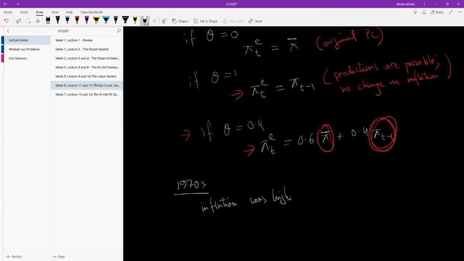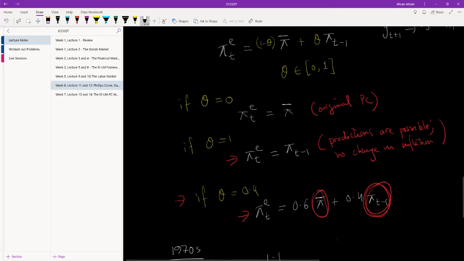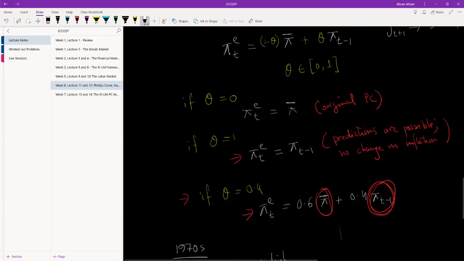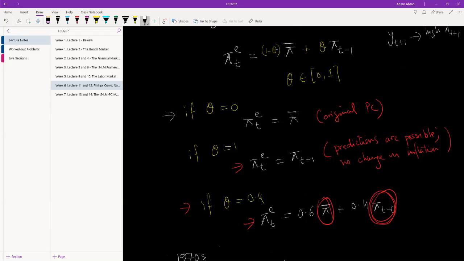Now, as long as inflation was low, let's take a look here. As long as inflation was low, we were effectively at a point where theta was 0, because previous year's inflation, π_t-1, was a very low figure.